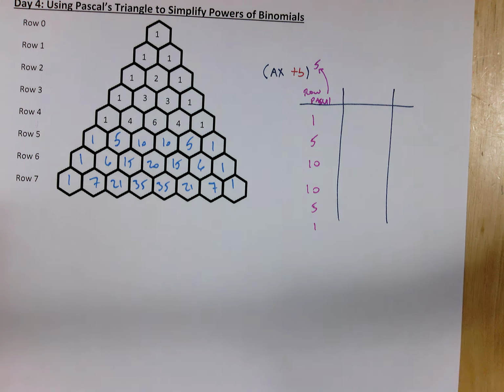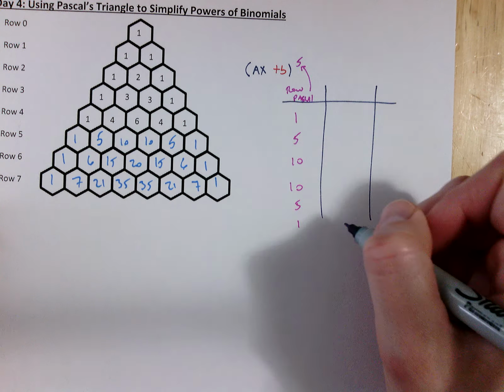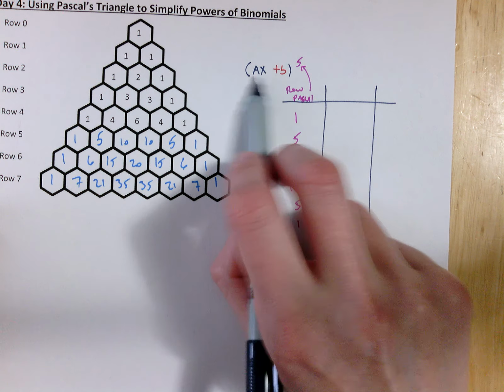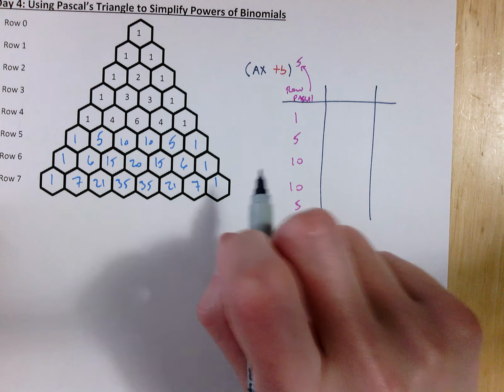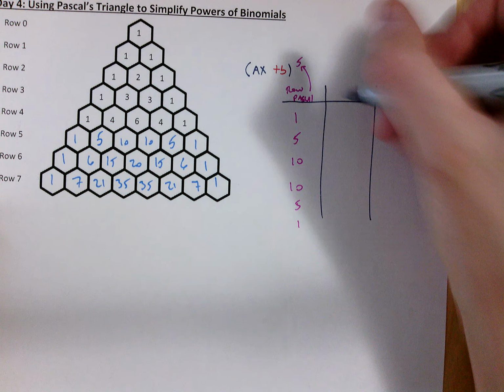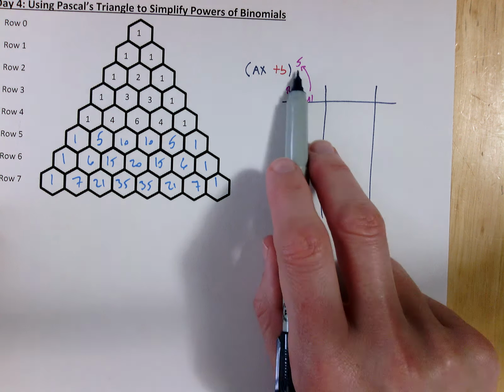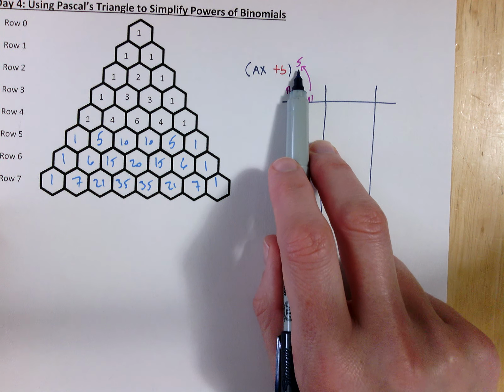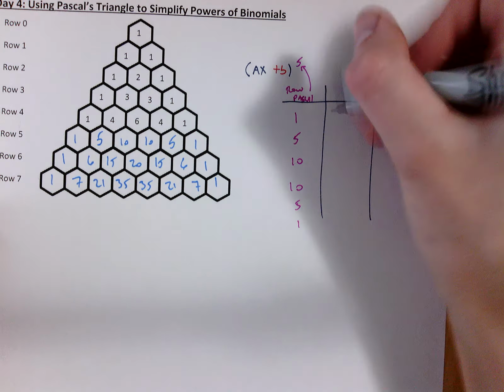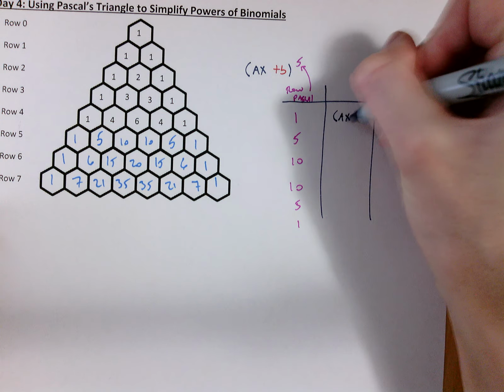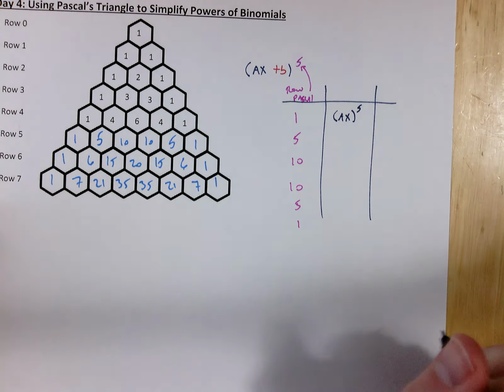So now what we're going to do in this middle column is take whatever our first term is, which is ax for this one, and we are going to raise it to descending exponents, starting with whatever our problem gives us. So this gives us the 5th. So for the first one we're going to raise ax to the 5th power.